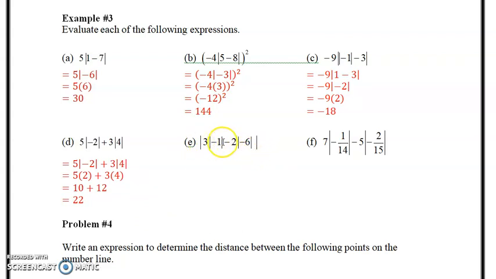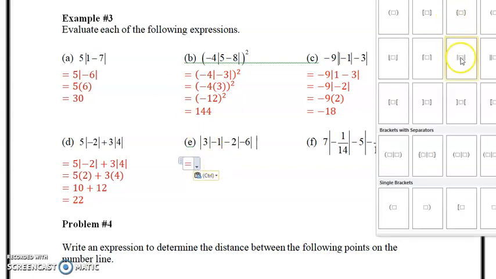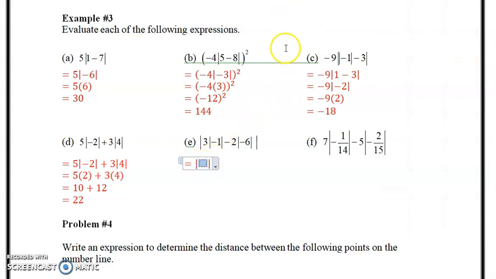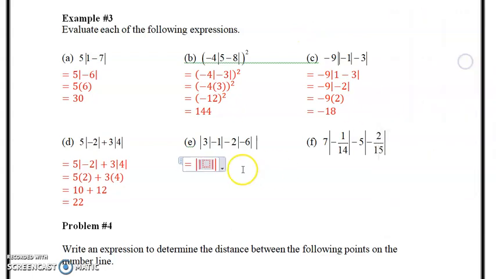So next one we have 3 absolute values. Okay, so this one's a little different, so be careful here. So we have 3 absolute values symbols that we gotta be careful here. So there's 1, and then we have another one, and another one.